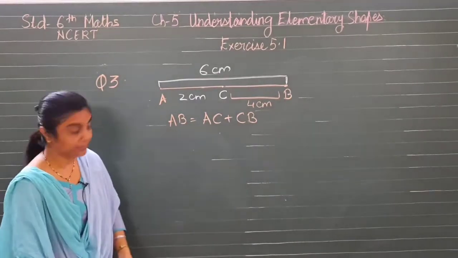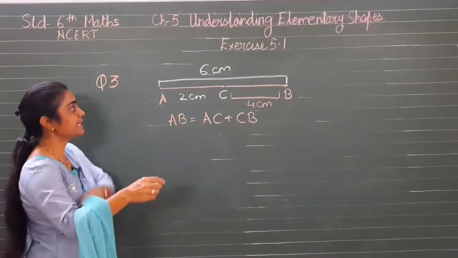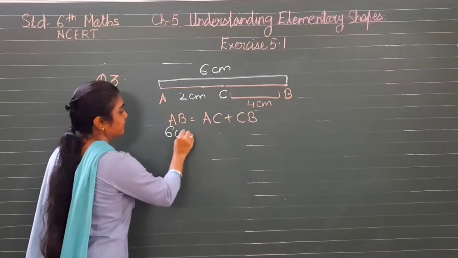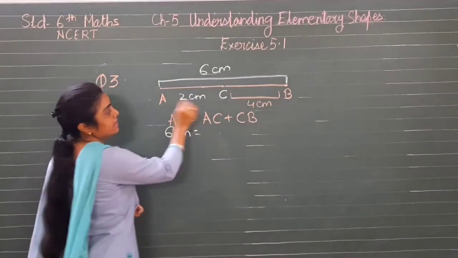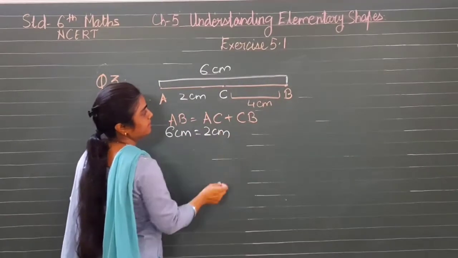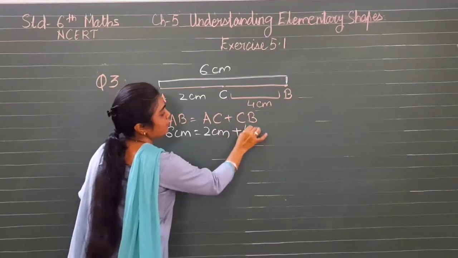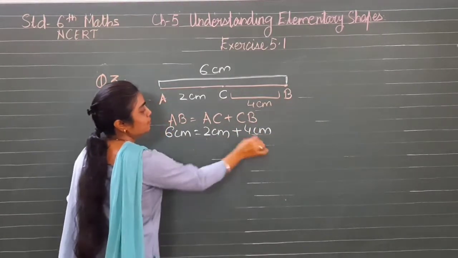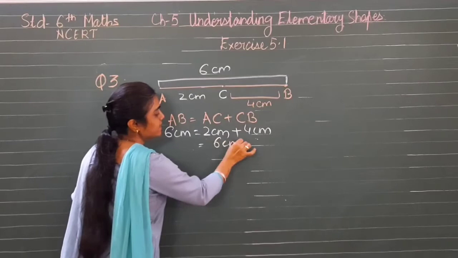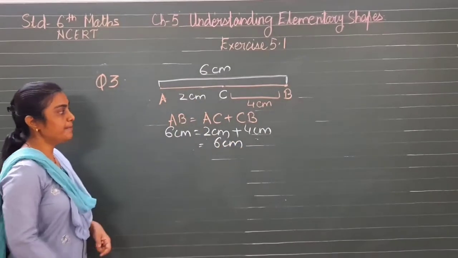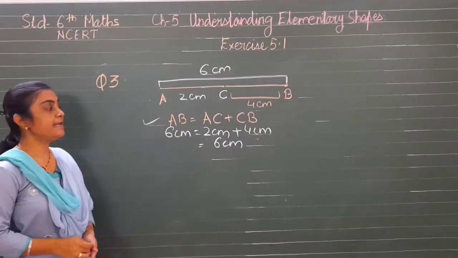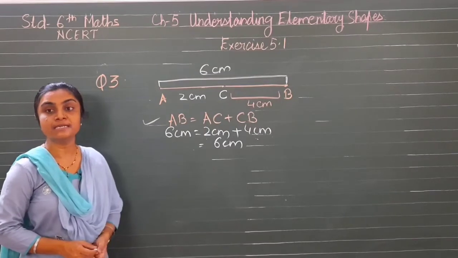So let us solve. AB is given, that is 6 centimeter. AC is 2 centimeter and BC is 4 centimeter. So 2 plus 4 is 6 centimeter, which is equal to AB. So this is proved. AB is equal to AC plus CB.